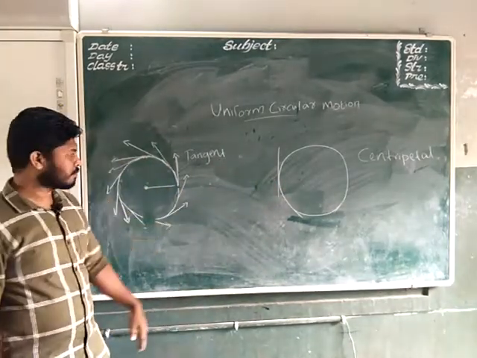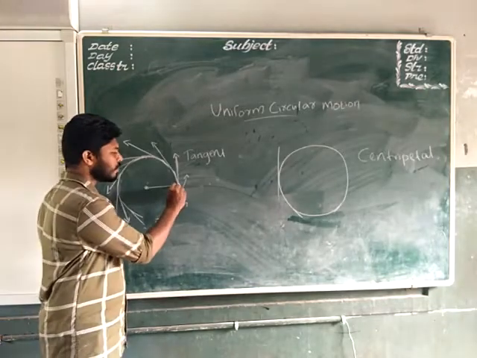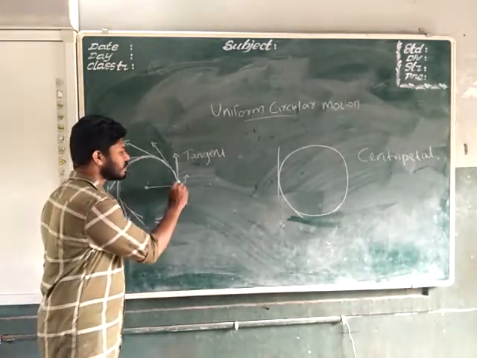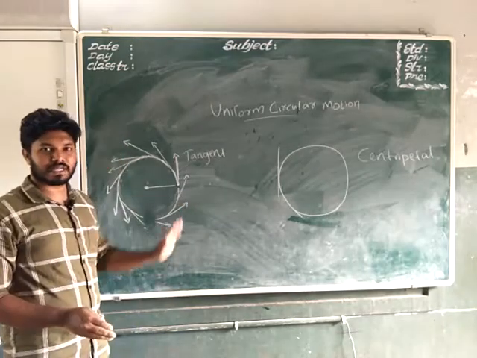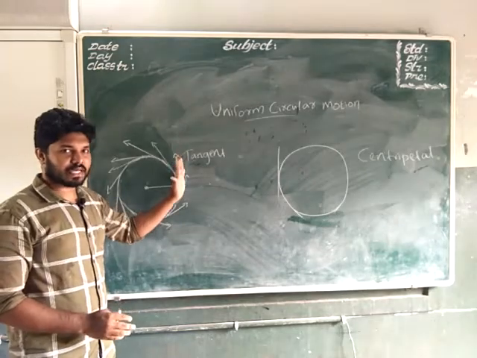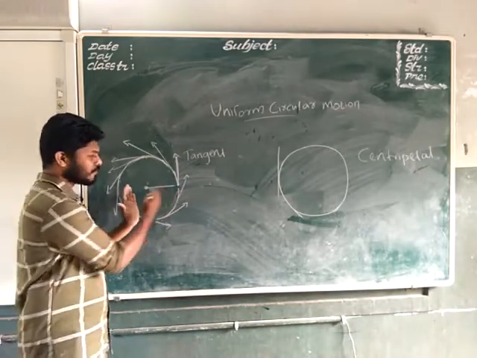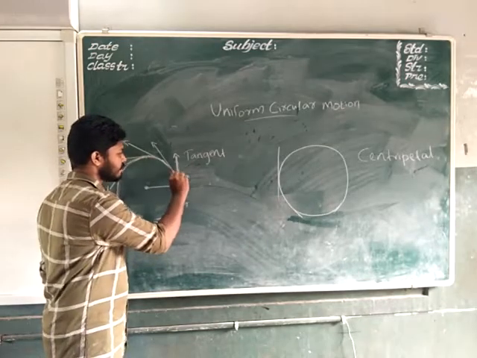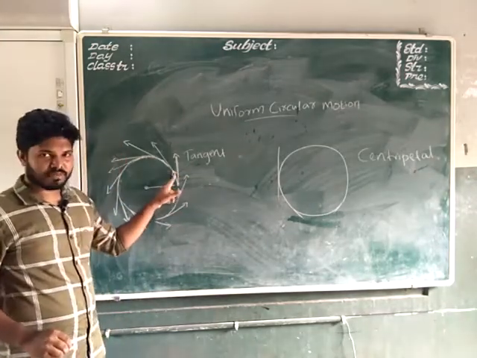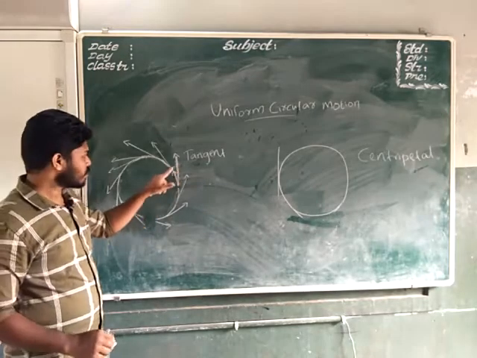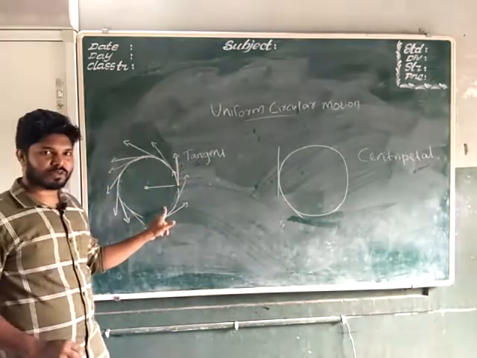Every body in a circular motion loves to follow the tangent. They wish to go according to their tangent. But the pull from the center makes its motion go this way. This is the actual motion, and this is the motion they wish to go, that is according to the tangent. So it gets a circular motion.